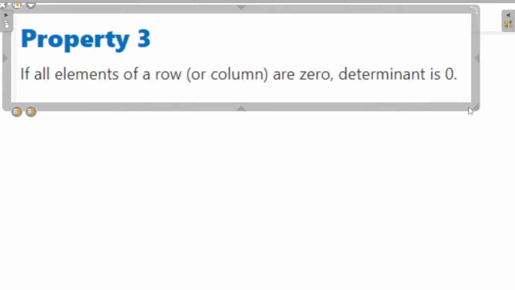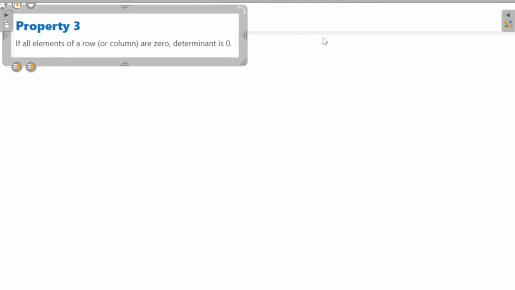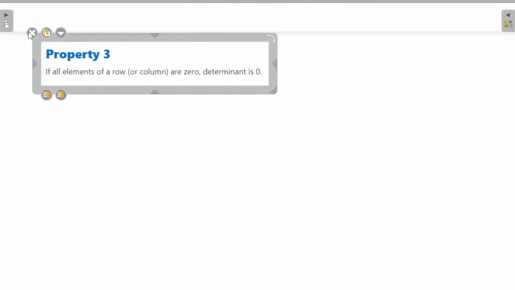If all elements of a row or column are 0, then no, not this. Okay, let me write this. It's not the property. See, the third property is this.